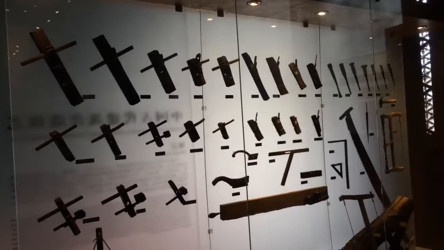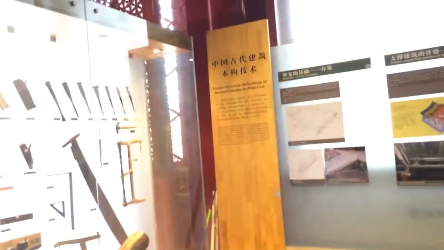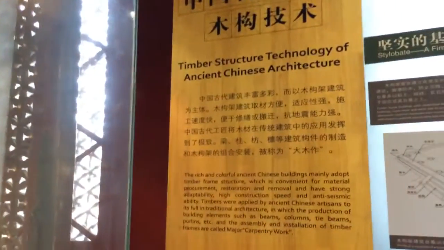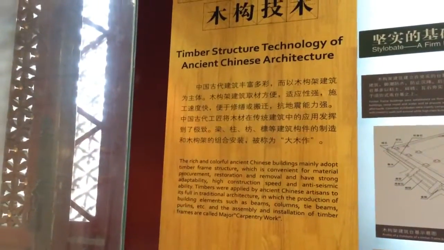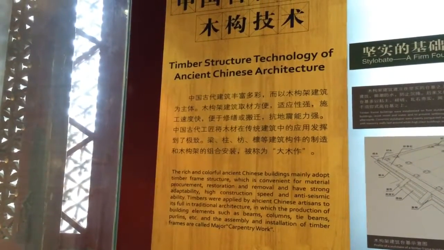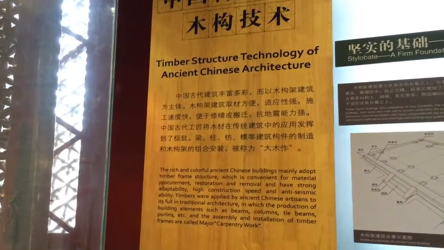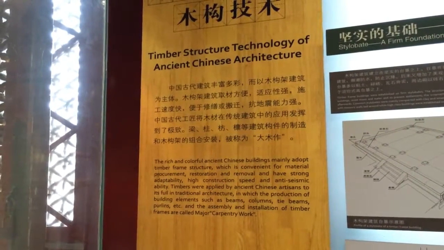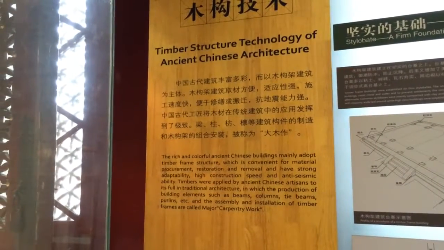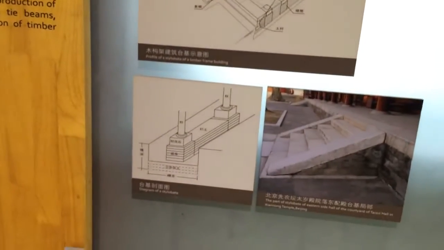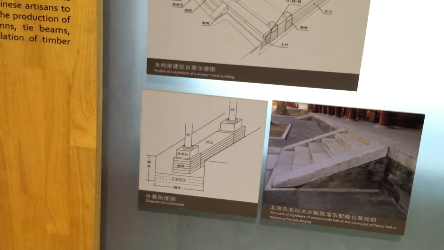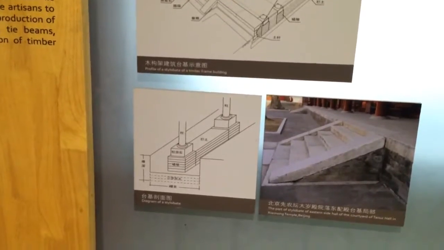This is going to be more about construction than existing buildings and ruins: timber structure technology, ancient Chinese architecture, timber frame structure, convenient material for procurement, restoration, removal, strong adaptability. Diagram of stylobate, part of stylobate of Eastern Side Hall of Courtyard in Taisu Hall in Xiannong Temple, Beijing.